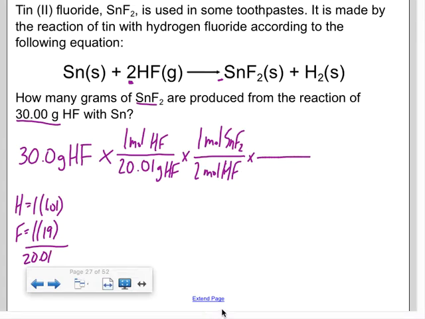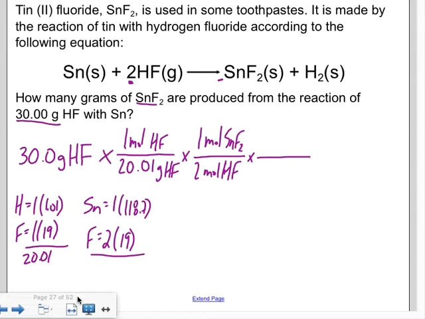All right, 2 conversions down, 1 more to go. I'm in moles of tin fluoride, and I need to figure out how many grams I can make from this. So you need to find the molar mass of tin fluoride. So tin, Sn, periodic table, 118.7, I got 1 of them. And fluorine, I have 2 at 19.